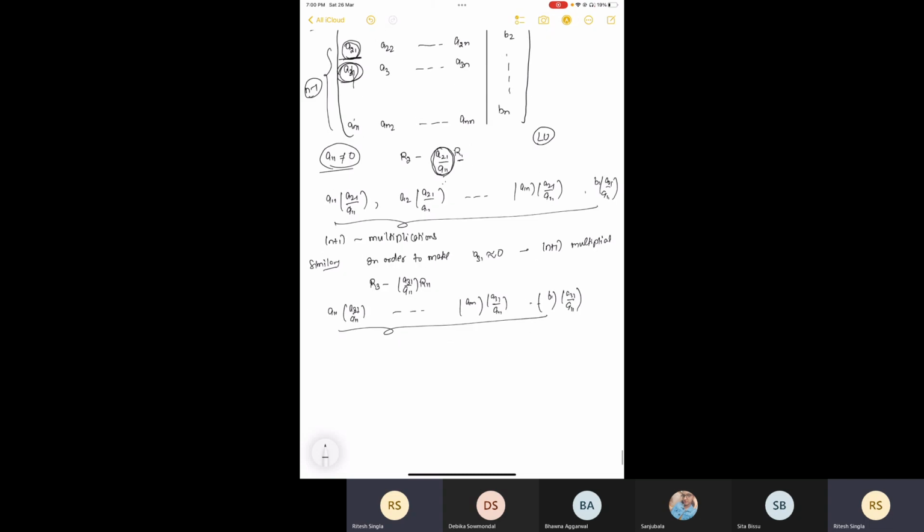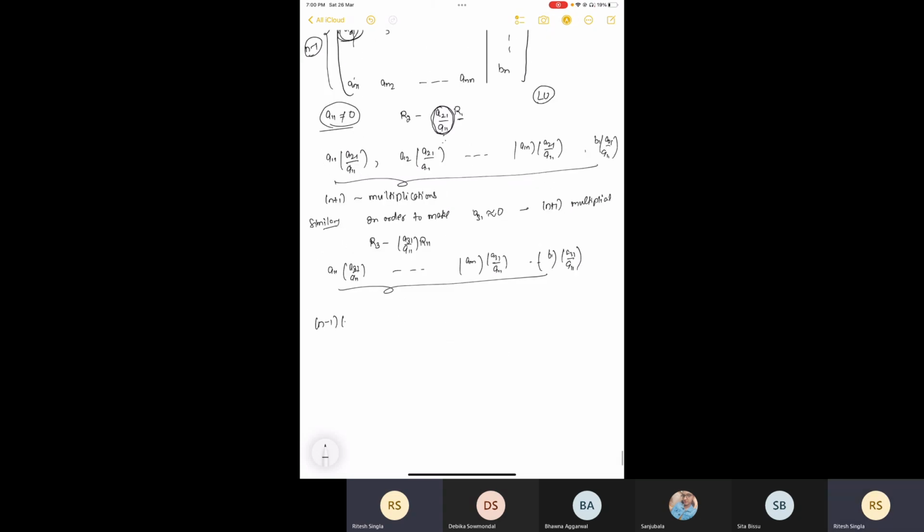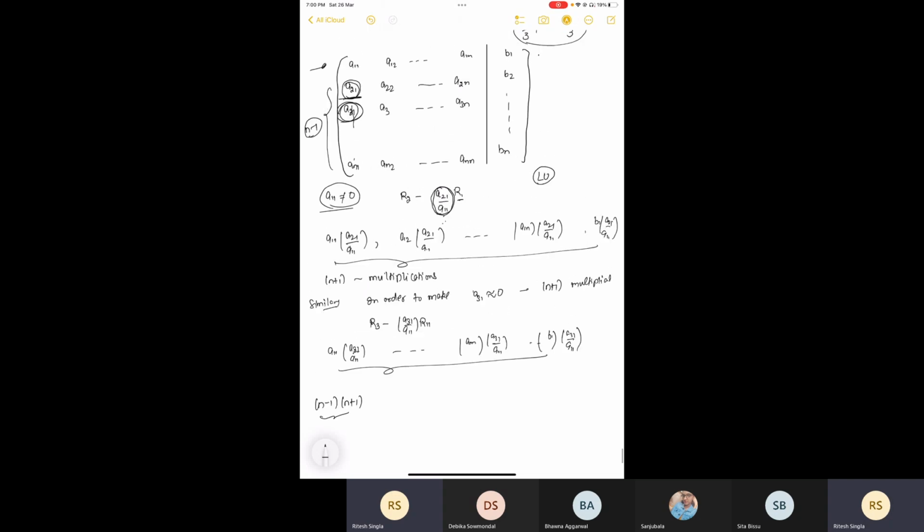So we have to do n minus 1 times n plus 1. These many operations just to make the first column 0, to make ai1 to be 0 for all i greater than 1, right?